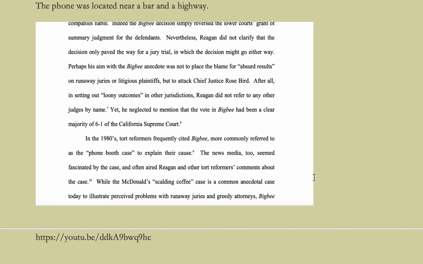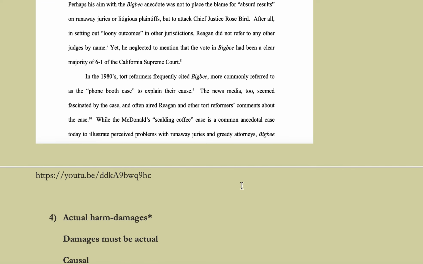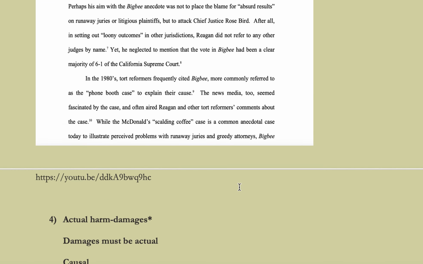After all, in setting out loony outcomes in other jurisdictions, Reagan did not refer to any other judges by name, yet he neglected to mention the vote on Bigbee had been a clear majority of 6-1 in the California Supreme Court. So in the 80s, tort reformers, you can go look at that whole thing.